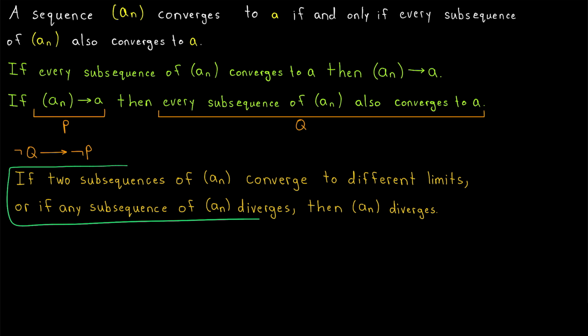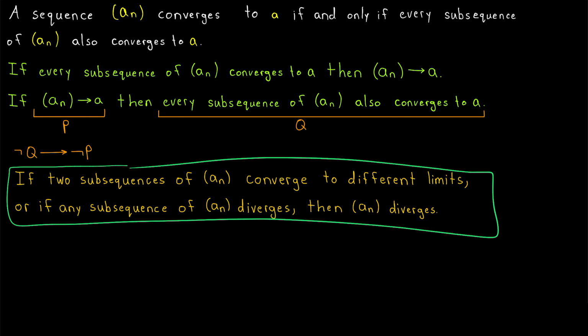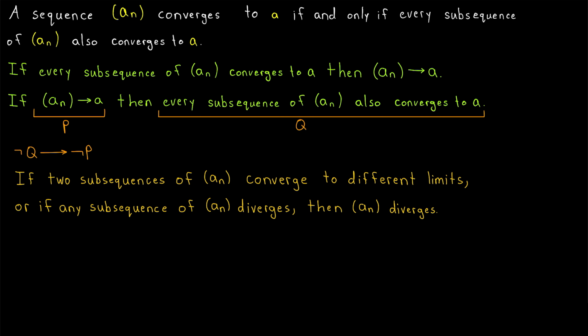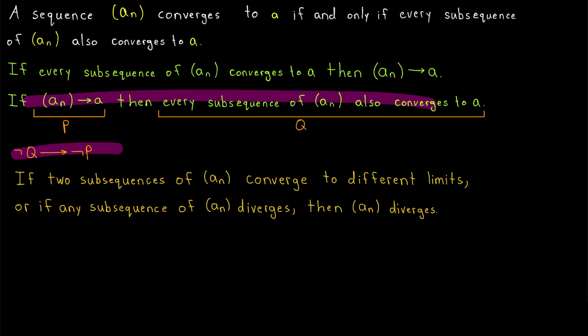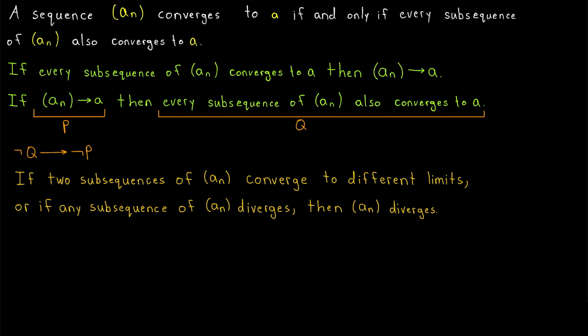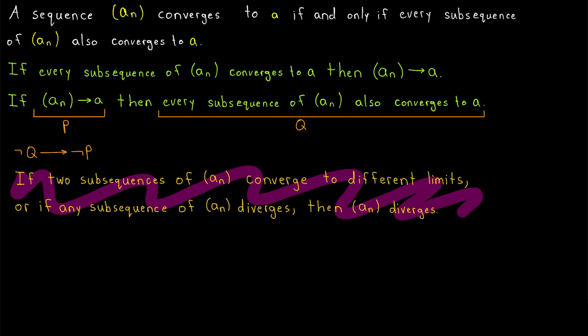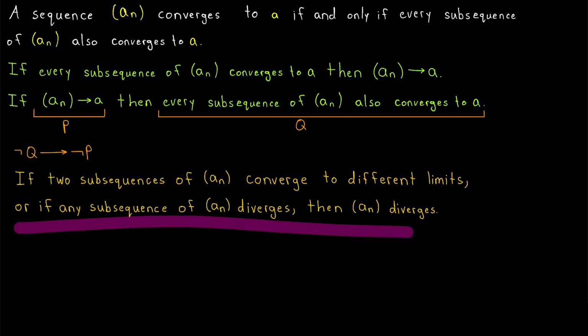And this is the useful tool that we can use to quickly prove a sequence diverges. If you want to prove a_n diverges, just find two subsequences with different limits, or just find a single divergent subsequence. And if you didn't like breaking this statement down into its two conditional parts and then considering a contrapositive, instead of going through all of that to get here, we could have just proven this statement from the beginning.